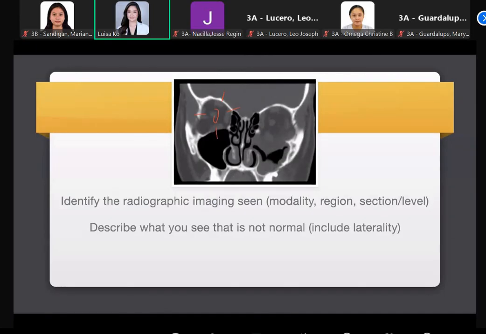Let's go with the Ophtha findings. So aside from the opacification of the maxillary sinus, there's something in the maxillary sinus, no? What else is there? Or what is not there?